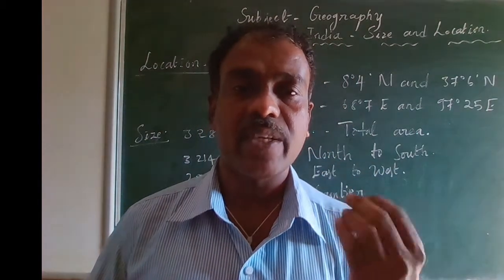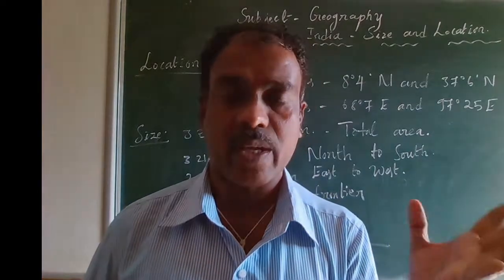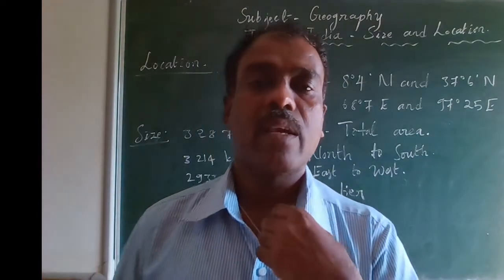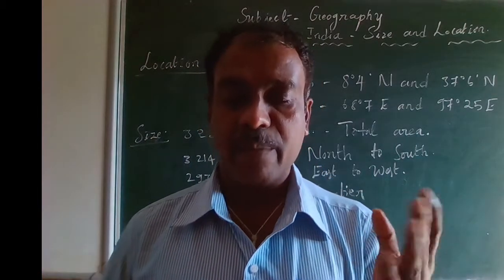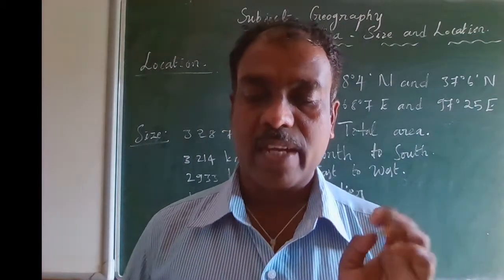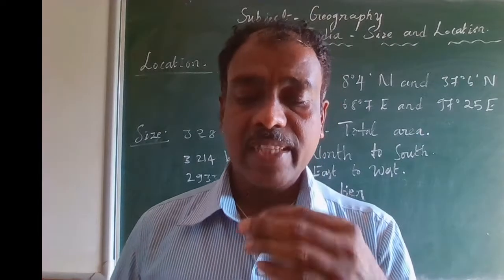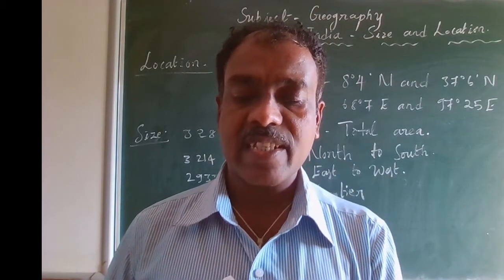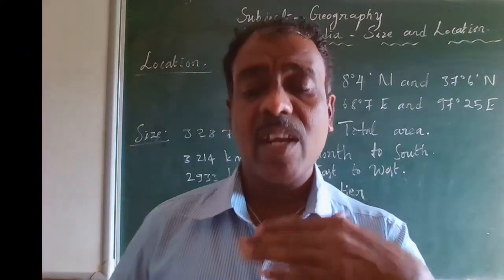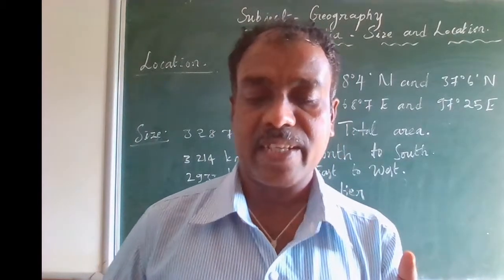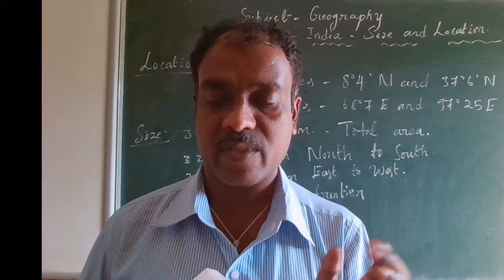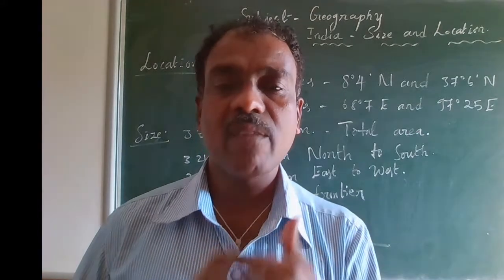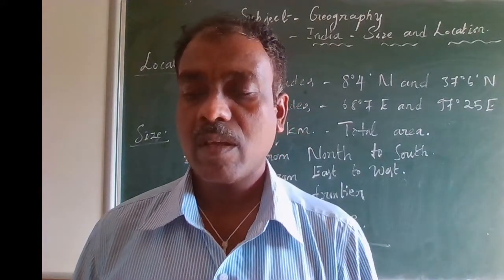So that's what we decided, to take that particular longitude to decide the same time for the whole country. And the latitudinal extent influences the duration of the day and night also, especially as one moves from south to north.